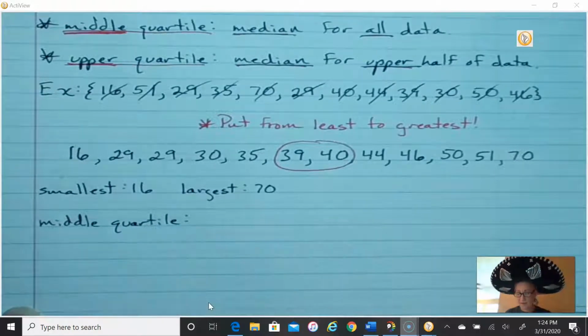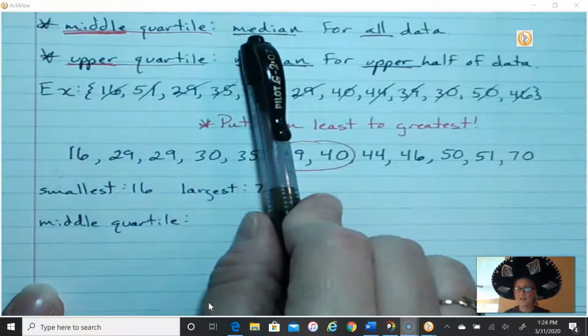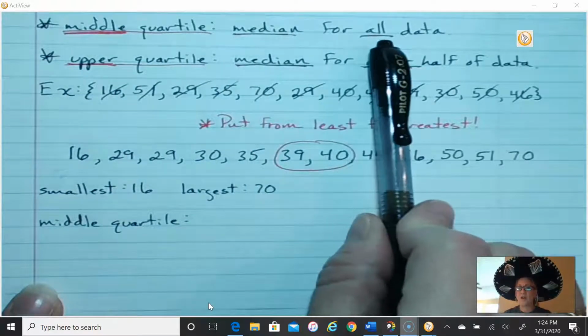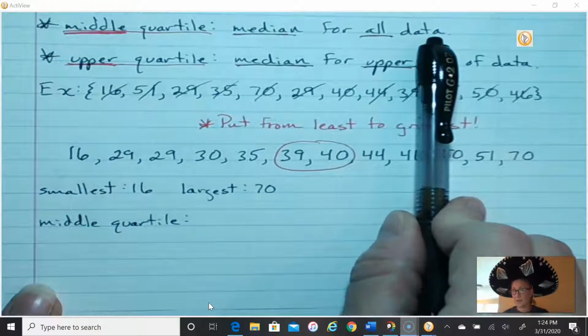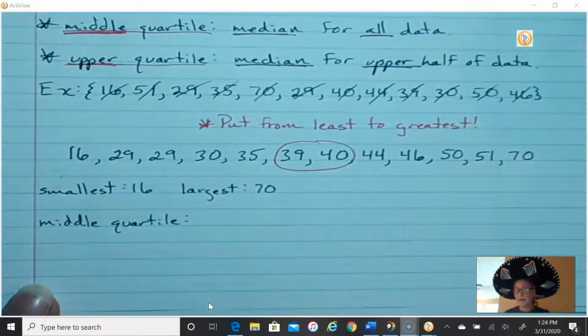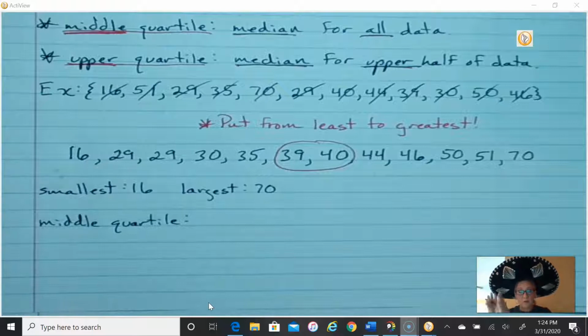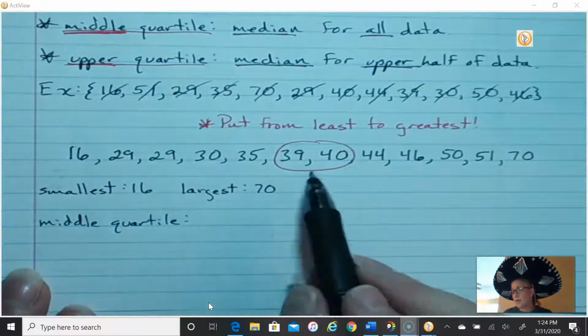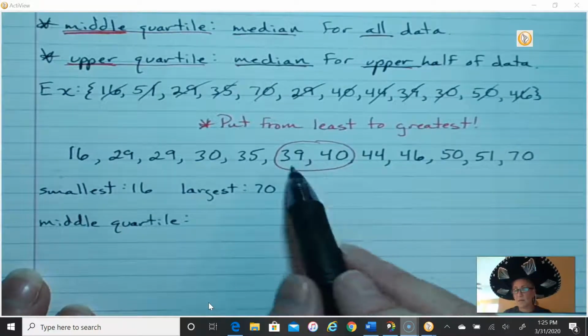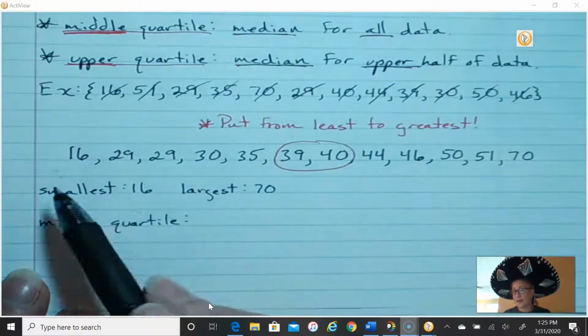Let's go with that first. The middle quartile, remember, is the median for all data. That's that middle number. Remember the middle road I was talking about?